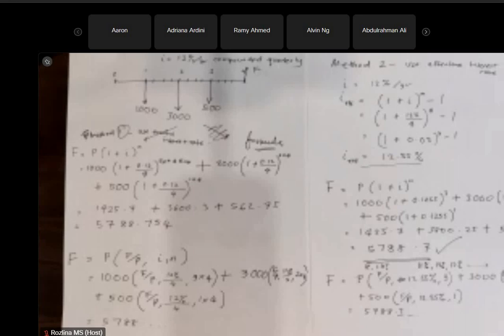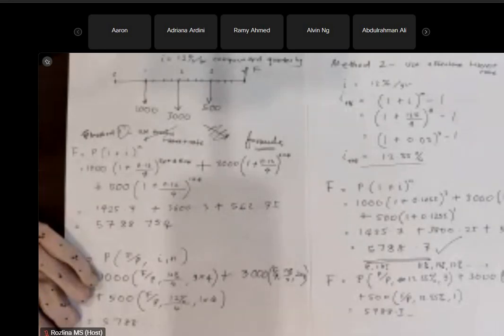Raya is mid-sem break kan? Okay, mid-sem break is week 7. That means first May. Okay, so you want to be before first May ataupun you want to be after sem break? That means after 7 May. After break ataupun before break? After can be good for me. After Raya. Okay, you want to be after Raya.